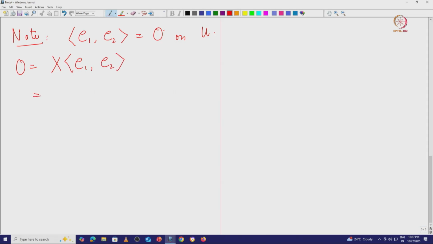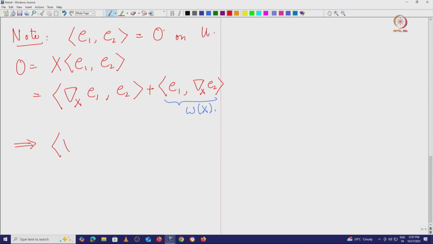But by the product rule this is simply the inner product of the covariant derivative of E1 with respect to x with E2, plus the inner product of E1 with the covariant derivative of E2 with respect to x. But by definition this last term is just omega of x. So this implies that the first term is given by minus omega of x.